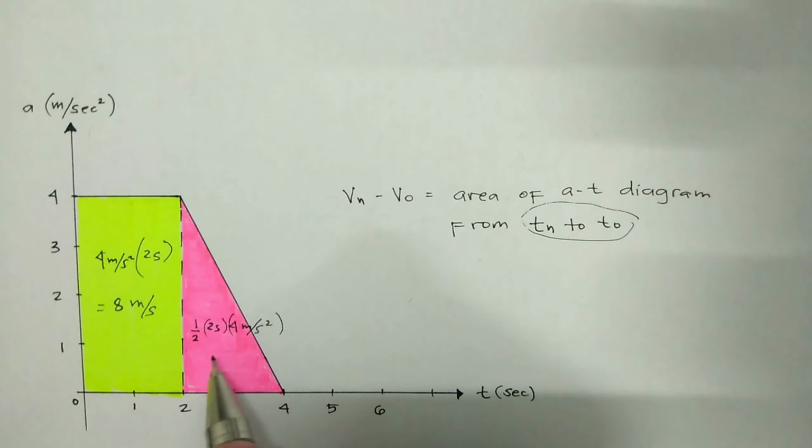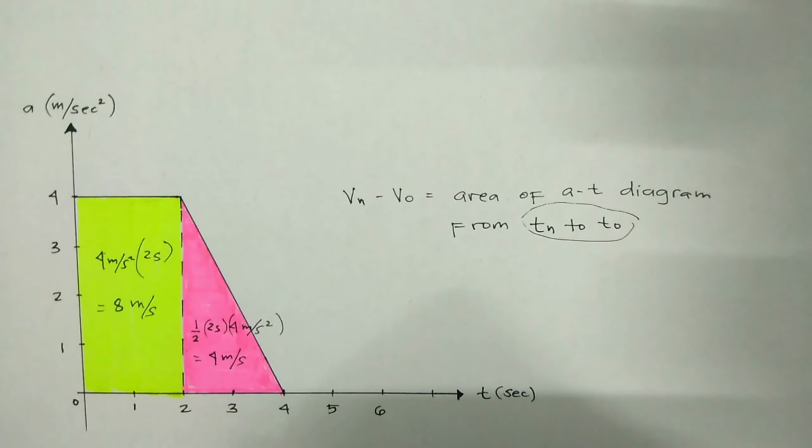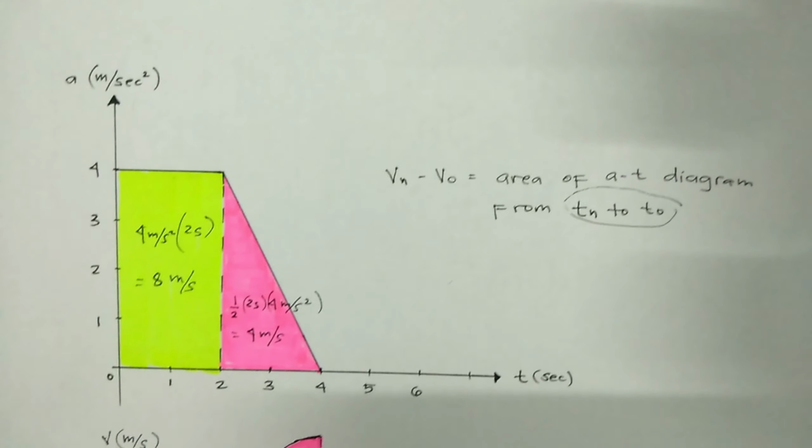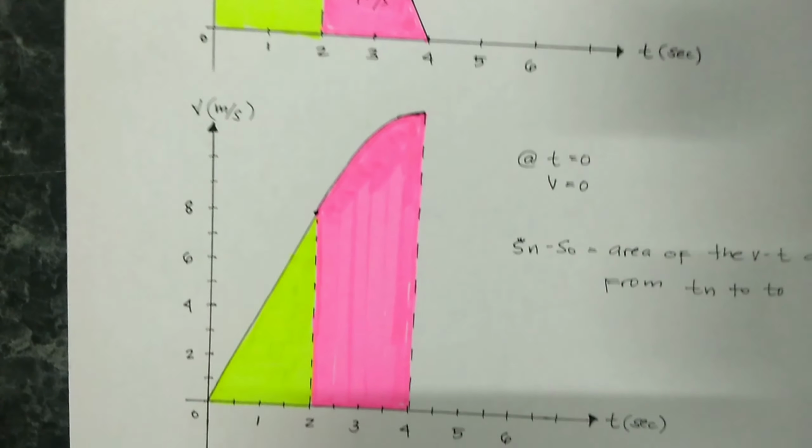This is equal to 4 meters per second. That is the change of the velocity of the object from time 2 to time equal to 4 seconds.